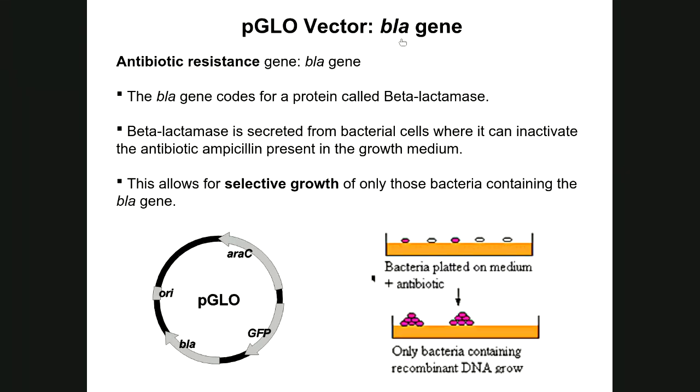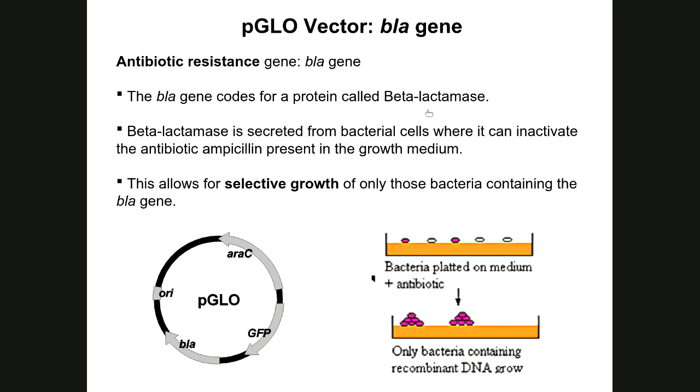Okay, now for the 3 genes that make up the cloning vector, the BLA gene is referred to as an antibiotic resistance gene. Why? It codes for an enzyme called beta-lactamase. So when you successfully insert this cloning vector into bacterial cells, the ones highlighted in pink here, these cells recognize this genetic information in the form of DNA, and they start to express this BLA gene, resulting in the production of a protein called beta-lactamase.